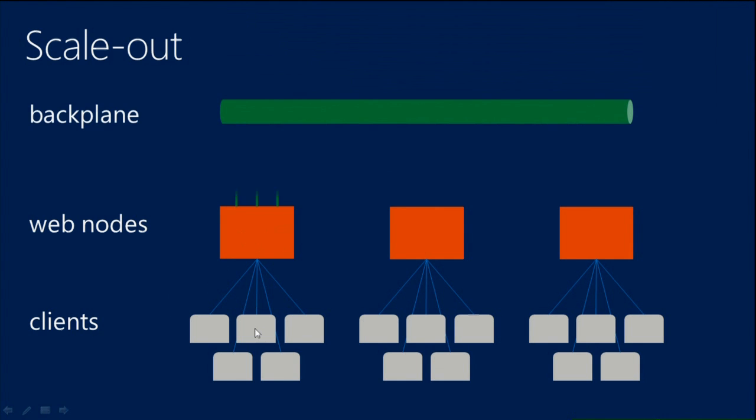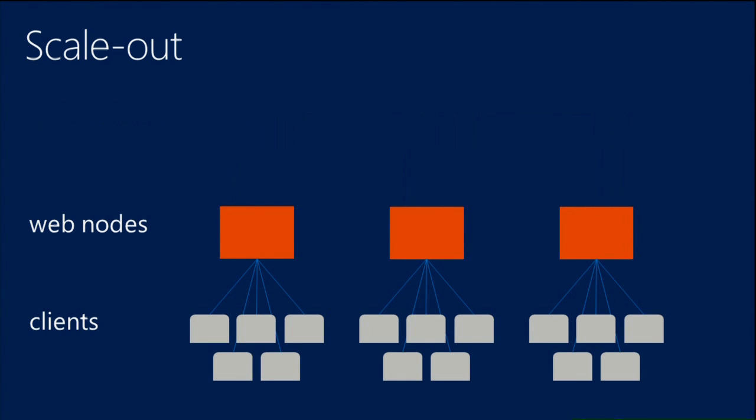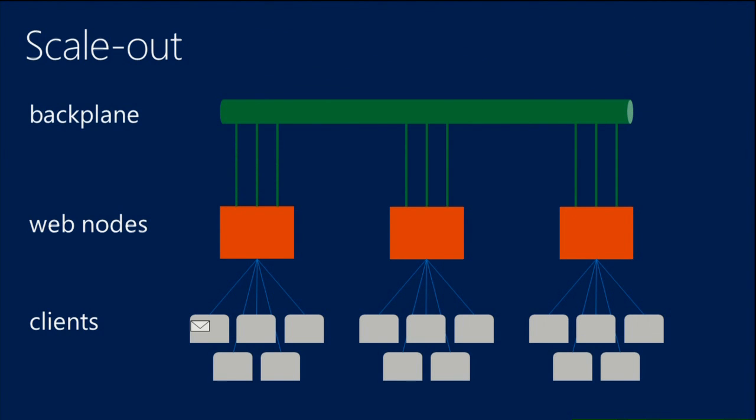All the servers get connected through what we call a backplane. A backplane is basically a way to connect all the servers at the back end. So let's say this client over here sends a message to a particular server.